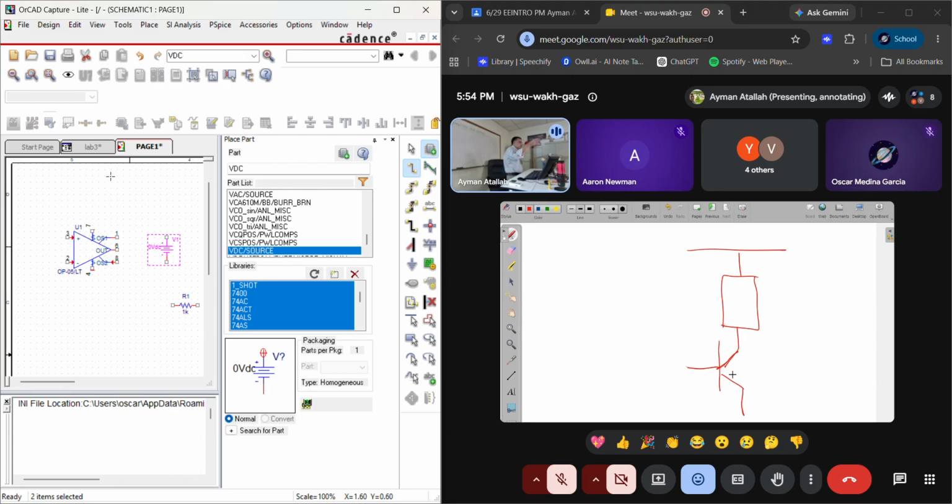Not the transistor you used before, like the 2N3904. No, it is not a power transistor. The power transistor looks like this. It's a big one and needs to be connected to a heat sink.